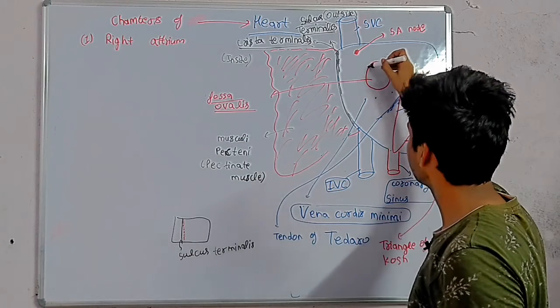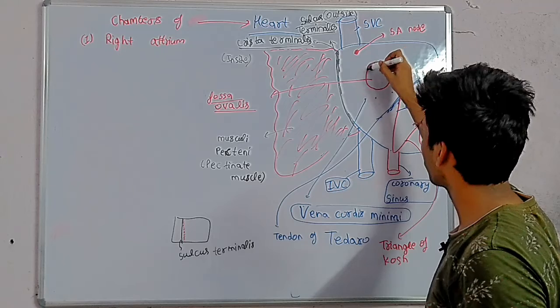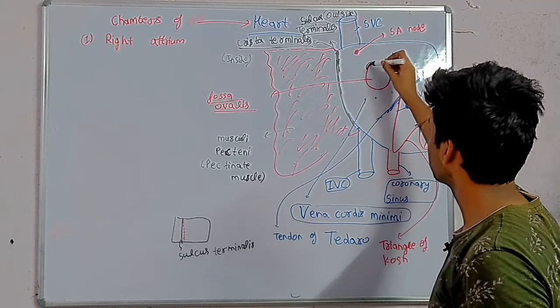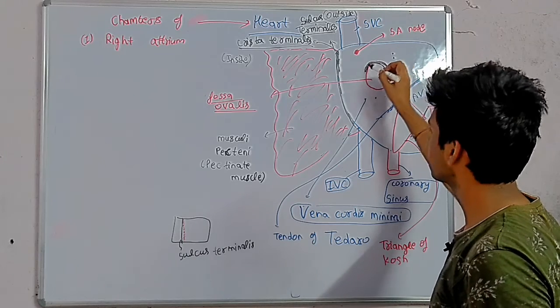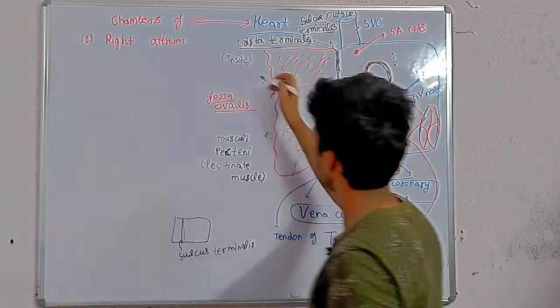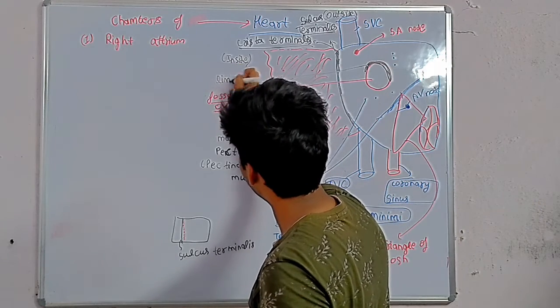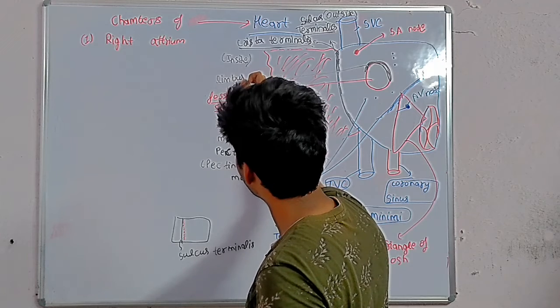The margin of this fossa is more prominent on the upper surface. This is called the limbus of the fossa.